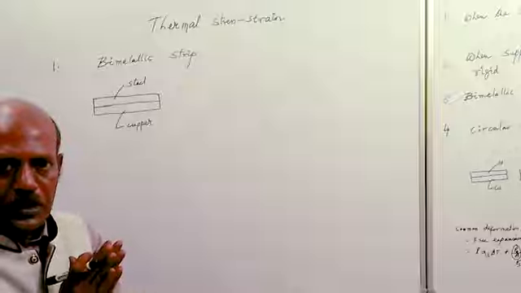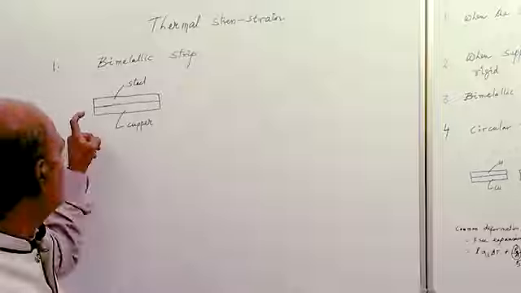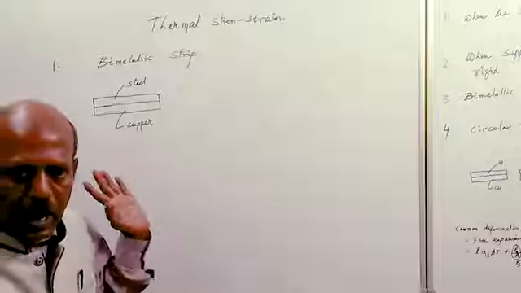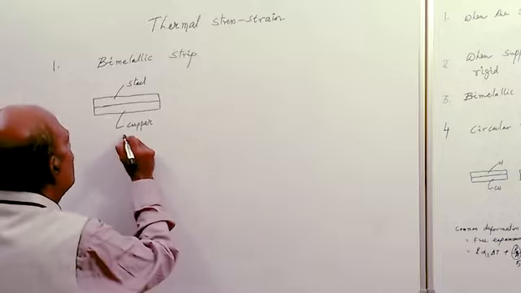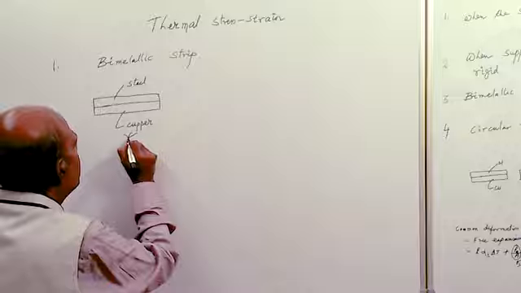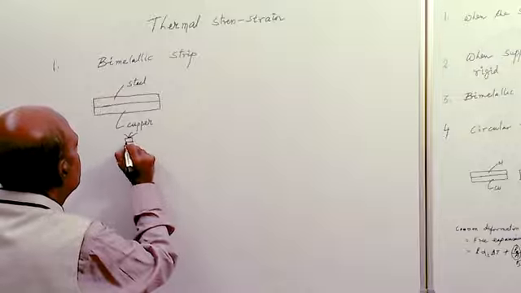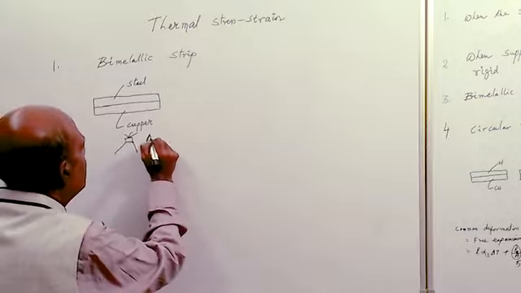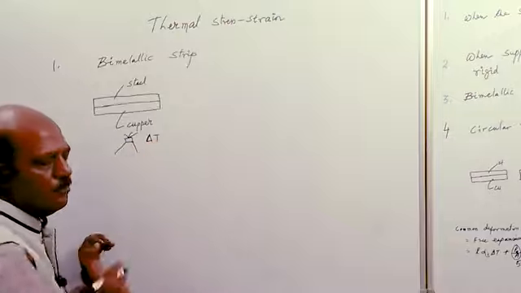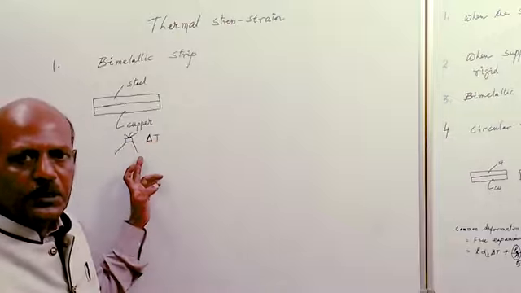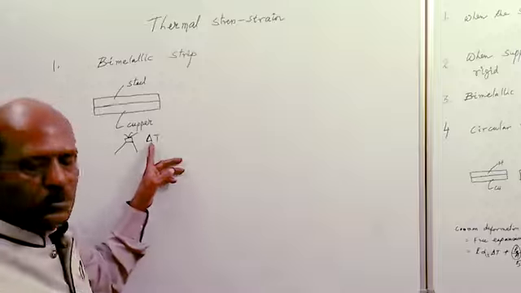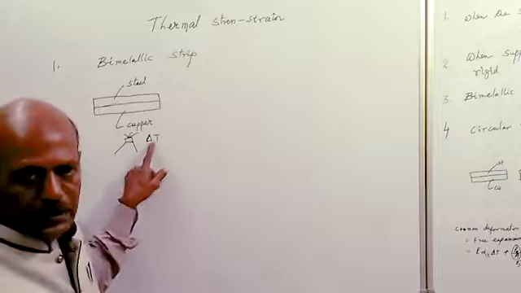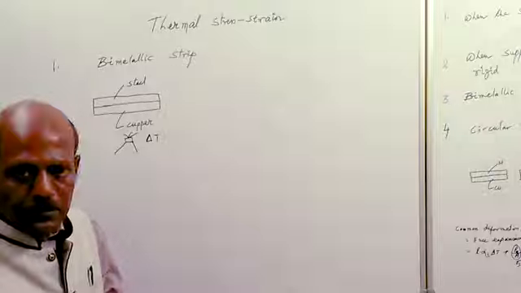Now initially consider that there is no restraint and the bar is heated, so the temperature difference created here is delta T by a flame.